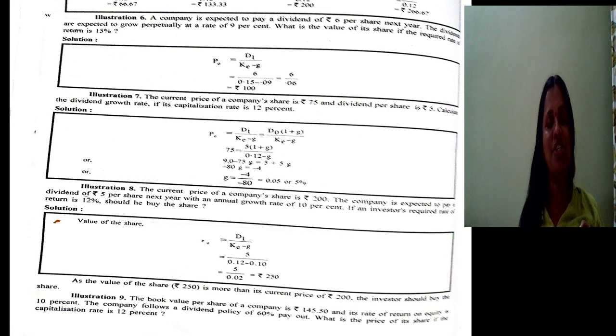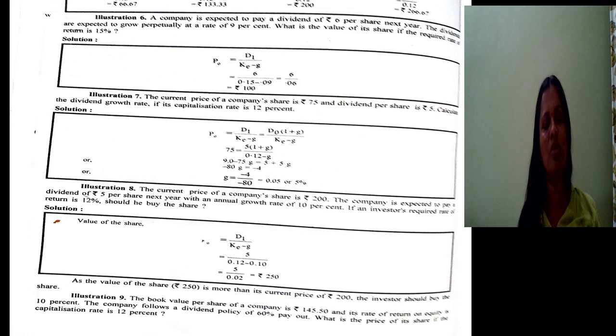Next, illustration 8. The current price of the company share is 200, P is given. The company is expected to pay a dividend of rupees 5 per share. When there is a sentence that says expected to pay, it is not D0, it is D1, because it is next year's dividend. The annual growth rate is 10%. If the investor's required rate of return is 12%, should he buy the share?